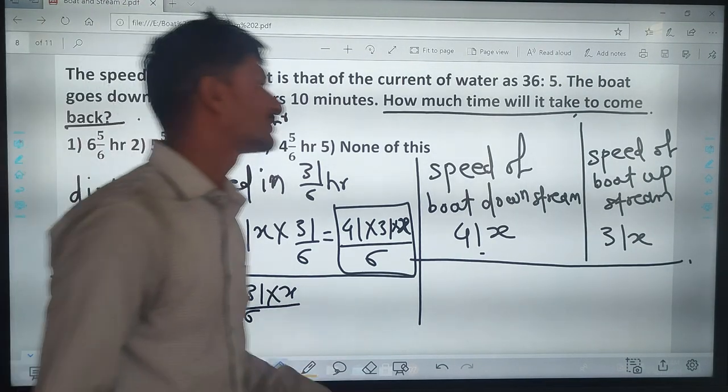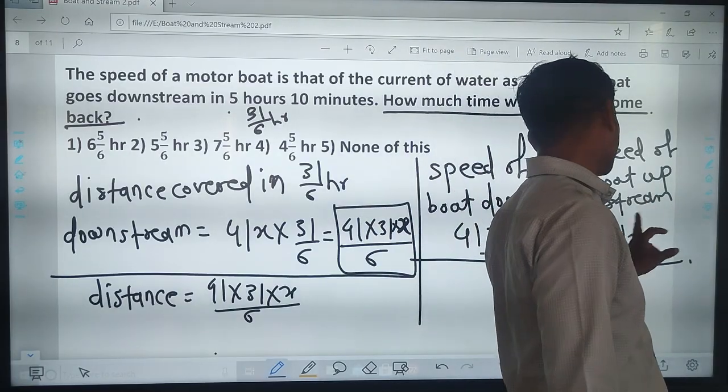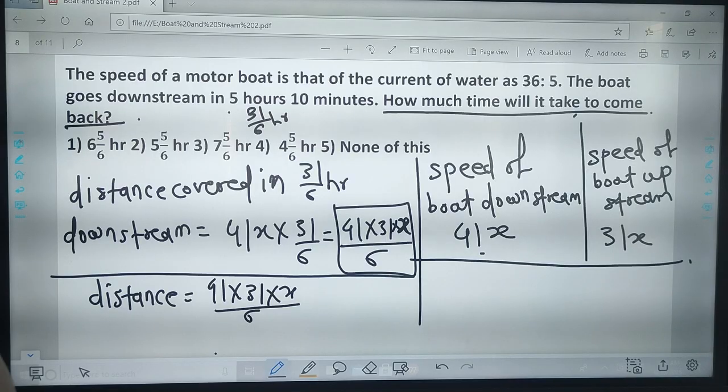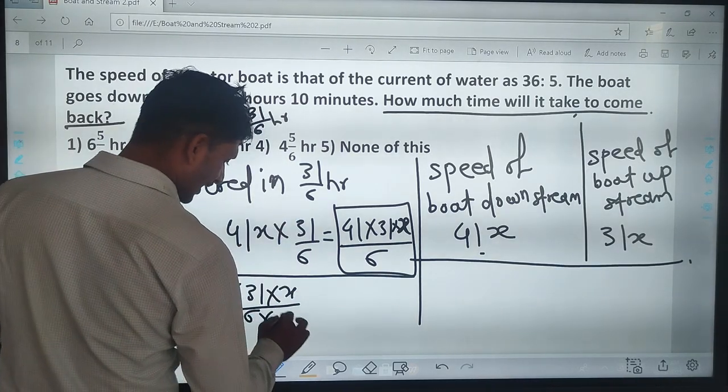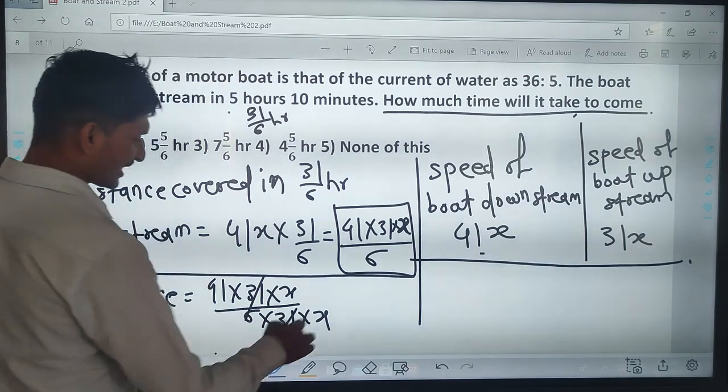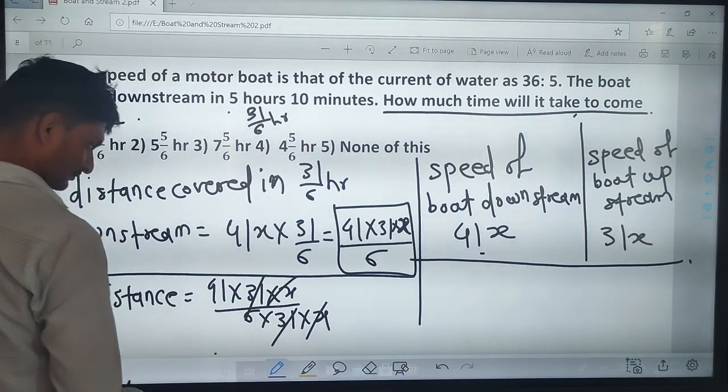Your upstream speed of the boat is 31x. Then here write 31 into x. 31 gets cancelled, x gets cancelled.